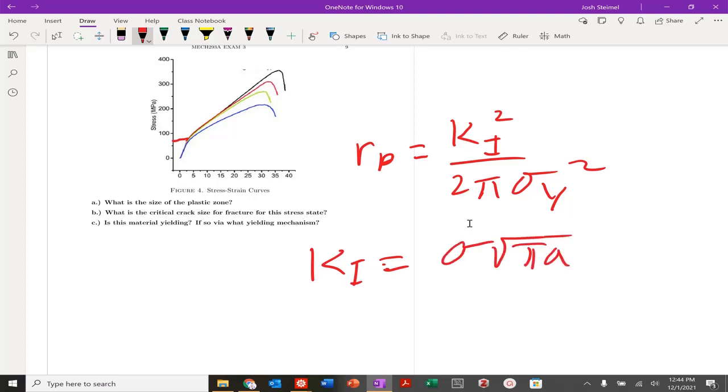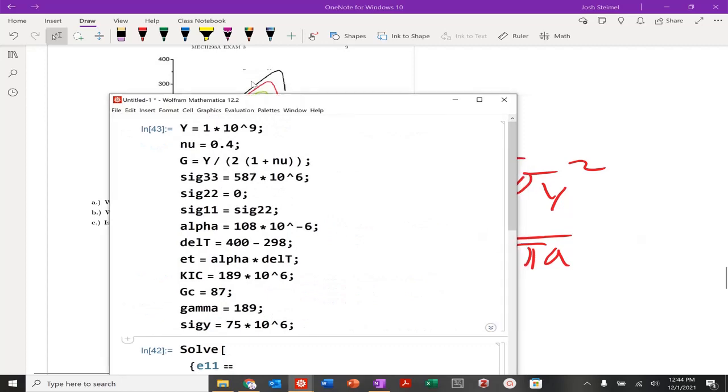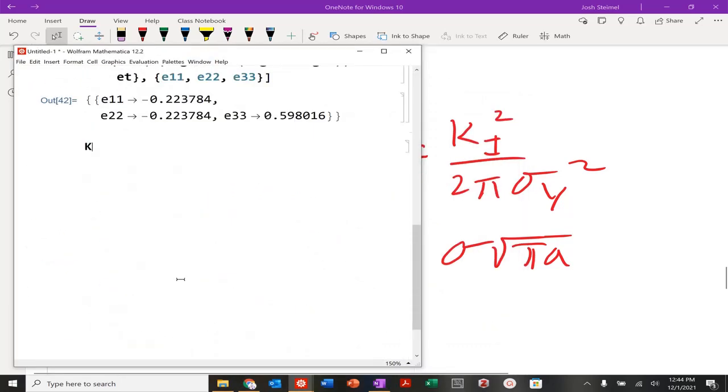Now, we could just solve it as so. I could set K1 equal to sigma times the square root of pi times a.